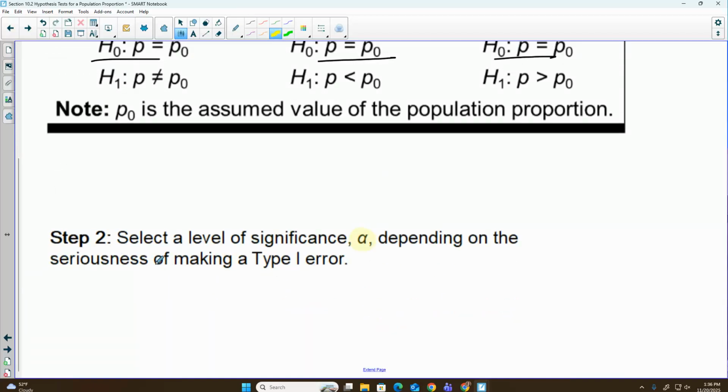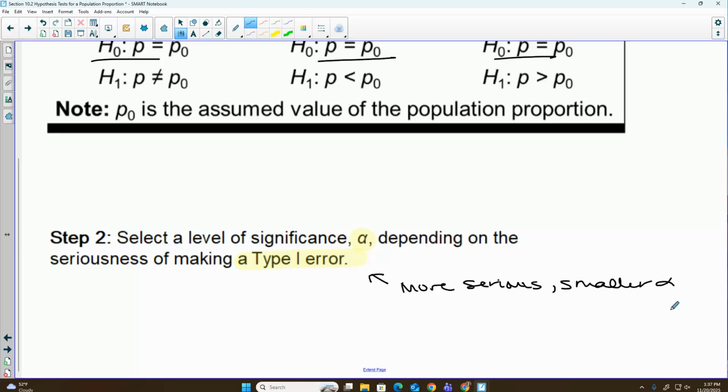alpha is the probability of a type 1 error. Depending on the situation, a lot of problems are going to give you an alpha value. The more serious the situation, the smaller alpha you'll have.